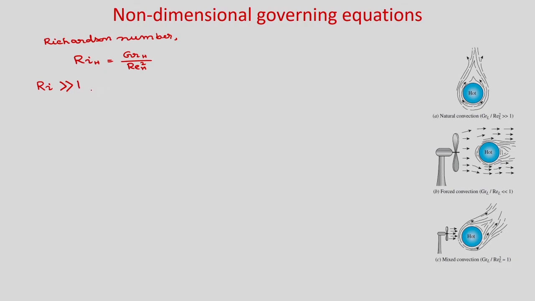So, in that case obviously buoyancy force is dominating, then you can consider that it is natural convection. So, that means it is having the natural convection. So, that means forced convection effects may be neglected.